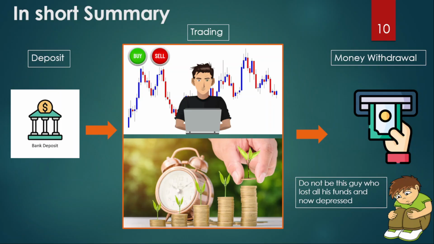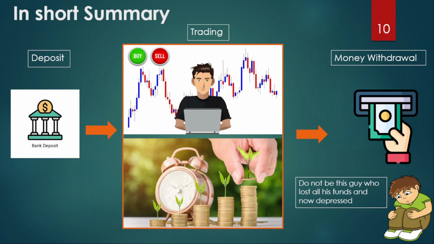You analyze the market based on the strategy that you have learned, and then you are in a position to buy or sell based on your strategy and analysis, and then you make a profit or a loss in the market. There are two things involved: either you make a profit or you make a loss.